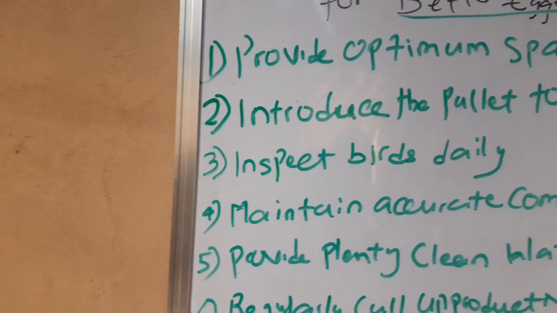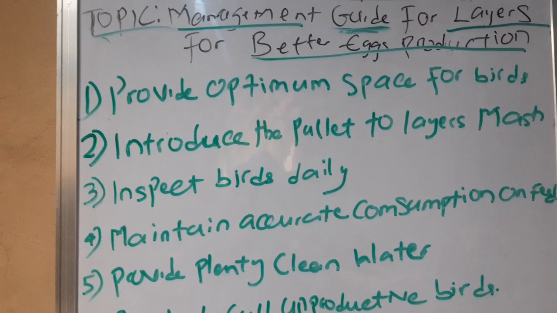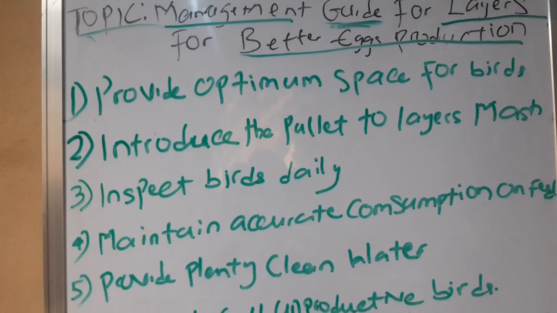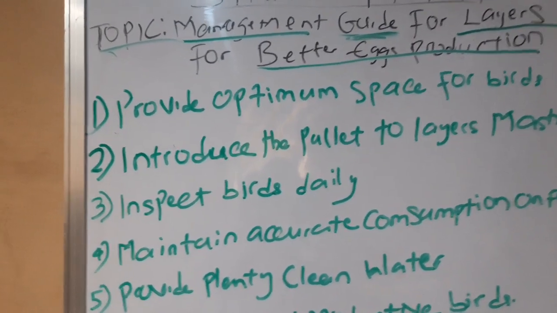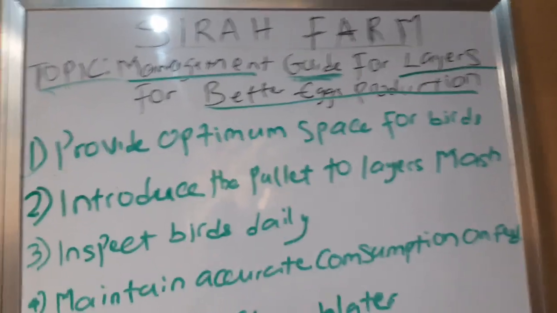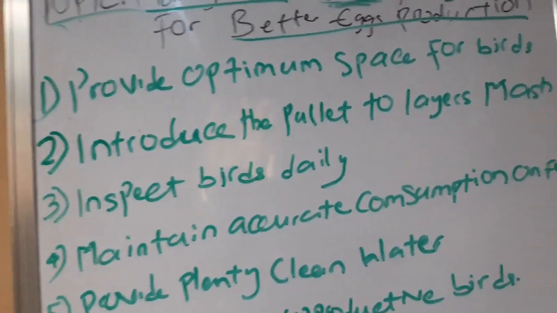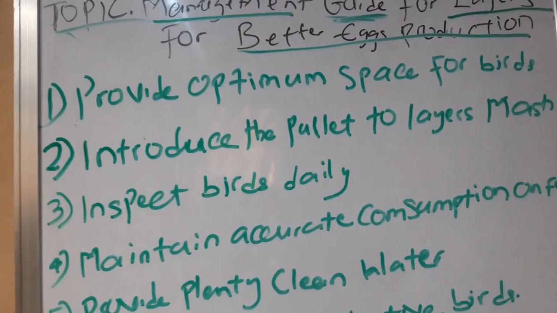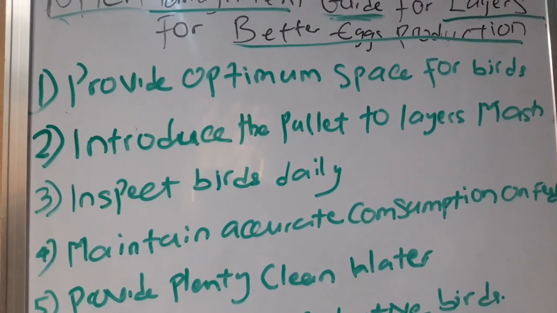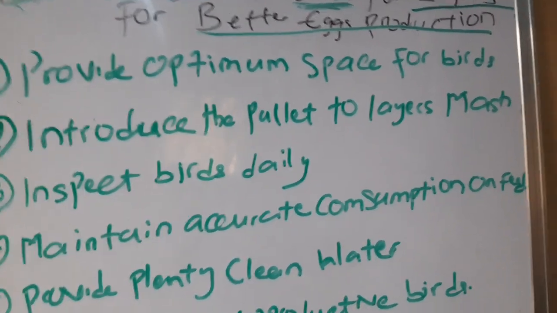So for us not to waste a lot of time, let's start with number one. The first one is to provide optimal space for the birds. For your layers to lay a lot of eggs for you, you have to provide optimal space, and the exact space you need to create for your birds is 2 square meters for each bird.